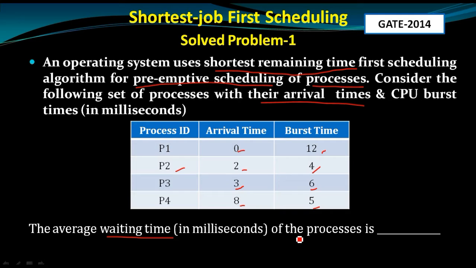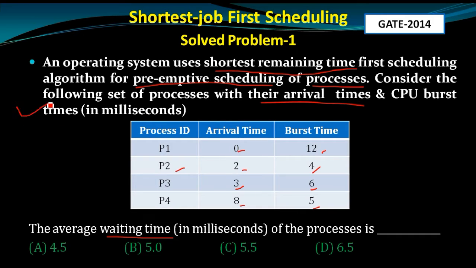They have given four options: 4.5 millisecond, 5 millisecond, 5.5 millisecond, and 6.5 millisecond. We can't answer right now because we have to prepare the Gantt chart and then calculate the waiting time of each process. Then only we can find the average waiting time of the processes and solve the question.